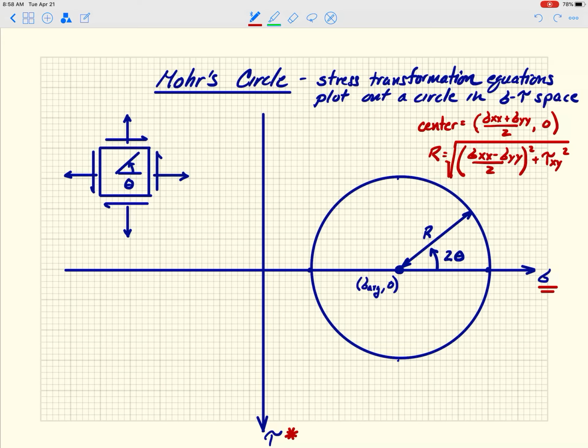After that, we will start doing a bunch of examples where I show you how to plot Mohr circle for various stress distributions, stresses at a point, and then we can orient them and calculate what the principal stresses are and what the orientation of those principal stresses is, etc., etc.